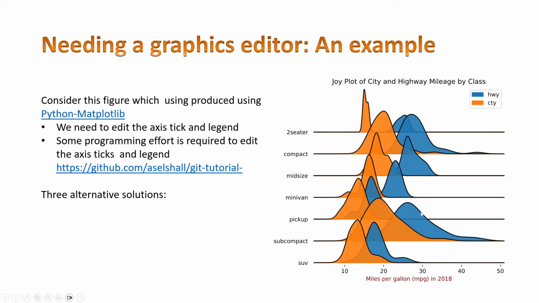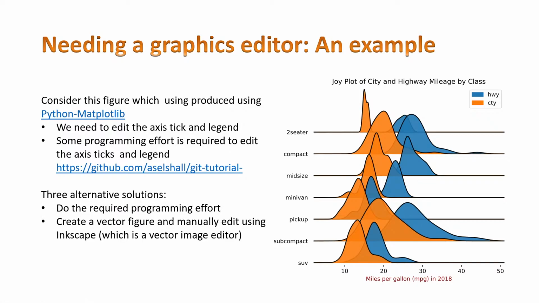So if I want to improve this figure and edit it, I have different alternatives. If I don't want to do any programming effort, I could just use a vector editor, like PowerPoint, and edit this figure in PowerPoint. I could create a vector figure and manually edit it using Inkscape, which is a vector image editor.